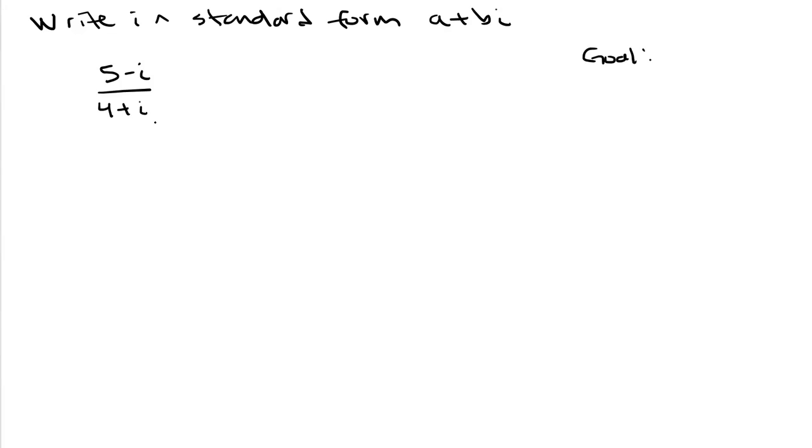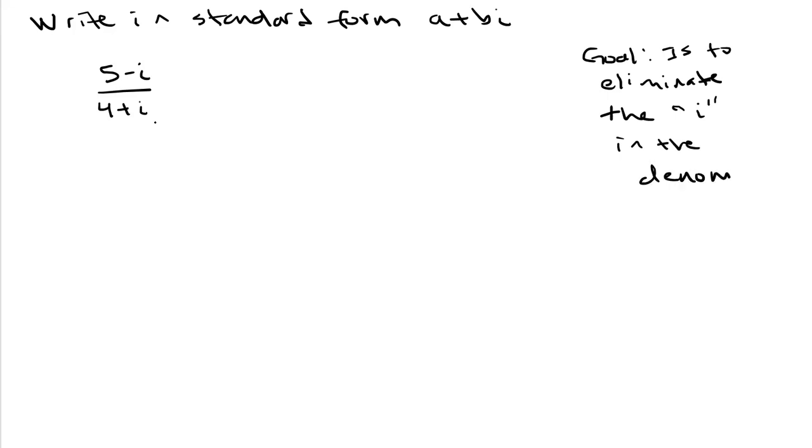The goal here is to eliminate, or get rid of, the i in the denominator. So we have an i in the denominator, so we need to get rid of that.